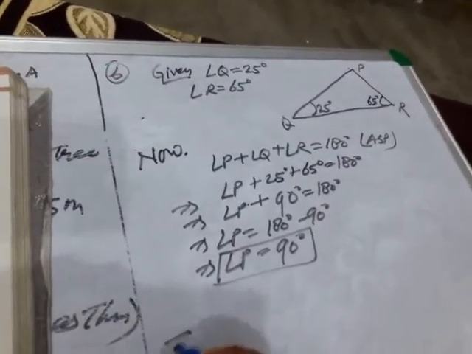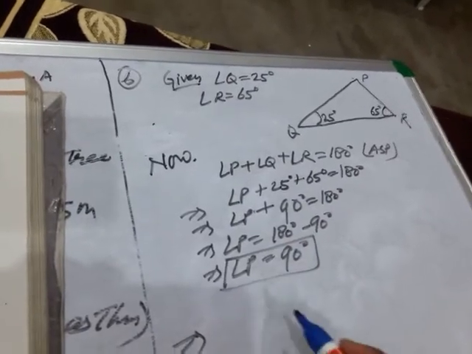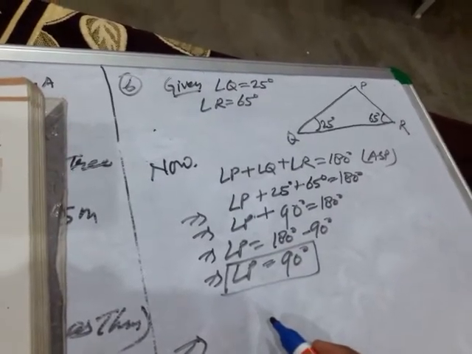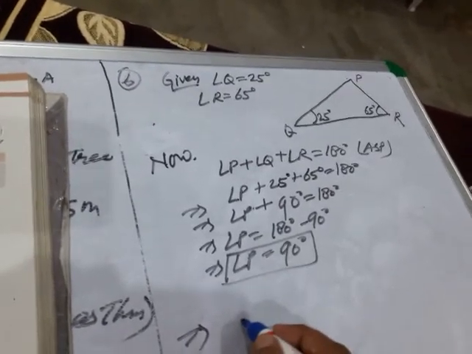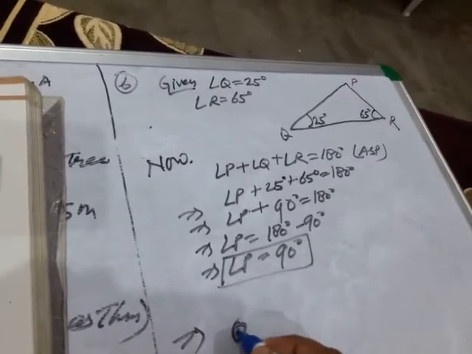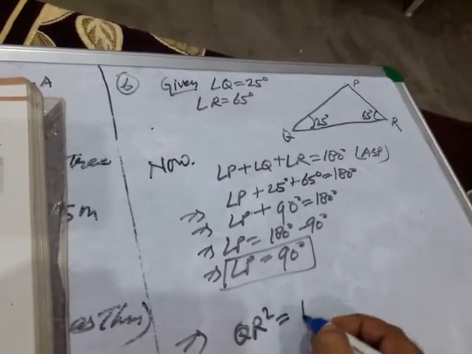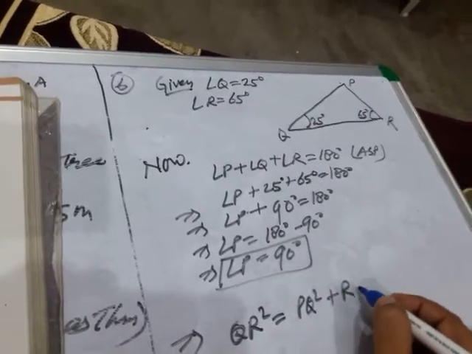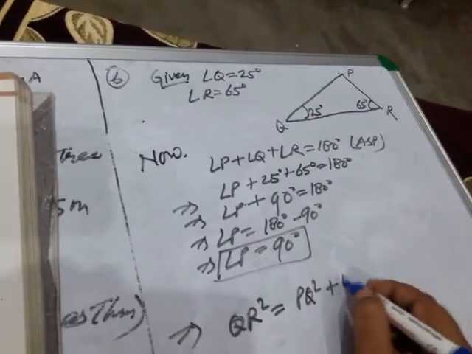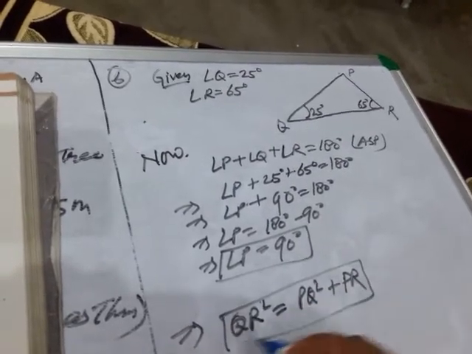When angle P is 90 degrees, then what will happen? The side opposite to the right angle, that is the hypotenuse, QR. This implies that QR square equal to PQ square plus PR square will be the relationship, by Pythagoras theorem.